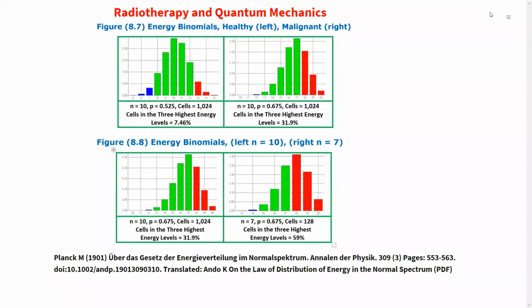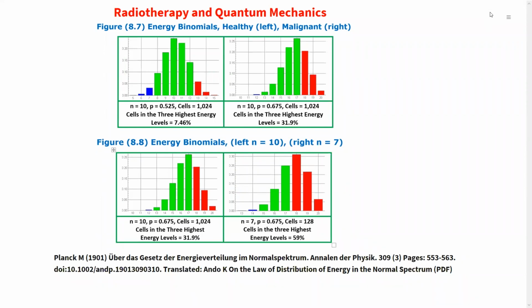So you got about 1,000 cells and about 7.5% in the high energy level. Now, if you increase the skew, take the skew up 10% or so, what happens is the number of cells in the high energy columns jump up to almost 32%. So they go up almost by a factor of 4. So now you're in a state where you have a cancer for sure, but maybe it's a low malignancy tumor.